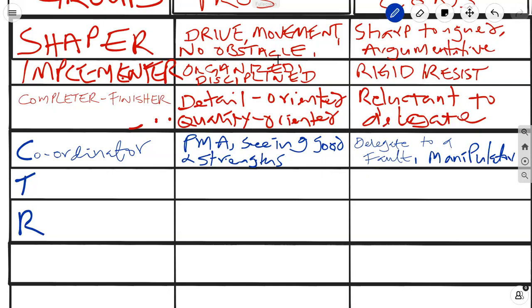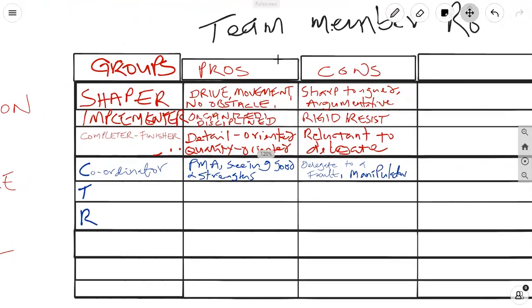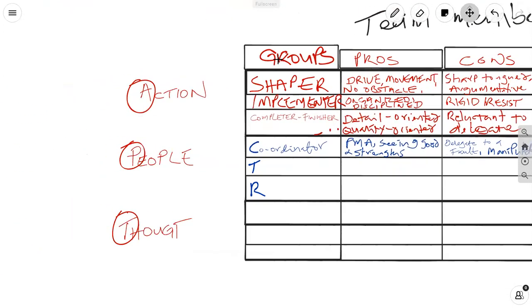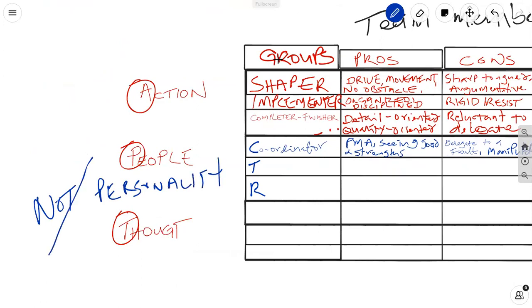And they may not be doing this in a malicious way. It's just what happens with these folks. Remember, again, I really want to stress that this is not personality typing. Okay? Because if you think that this is how they are all the time, you are missing the point.